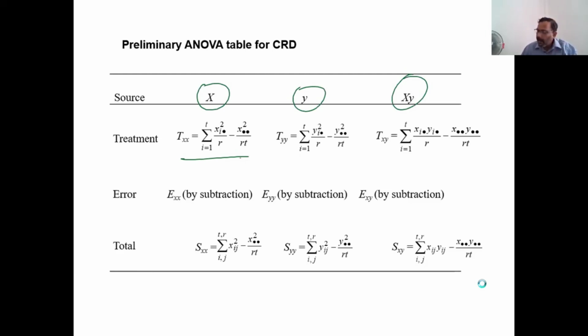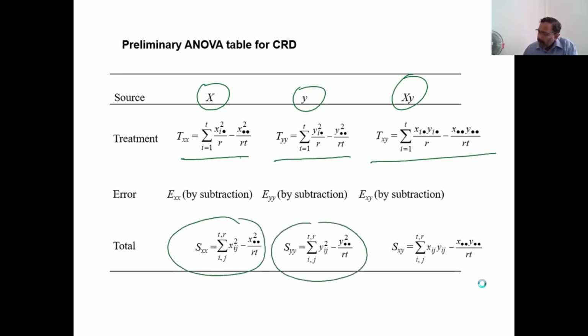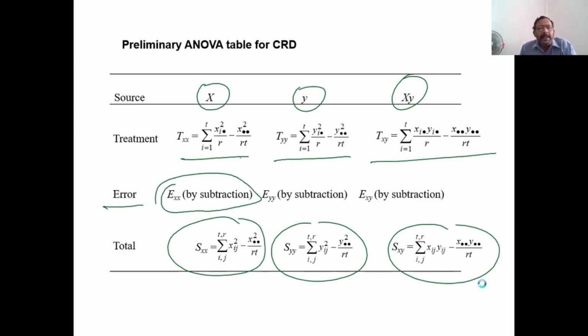TXX, this is how we calculate. TYY, this is how we calculate. TXY, this is how we calculate. Total sums of squares, this is how we calculate for each of these components. If you have any doubt, you ask me. The error is always total minus treatment, given as EXX, EYY, EXY. So that is why I am giving it as subtraction.